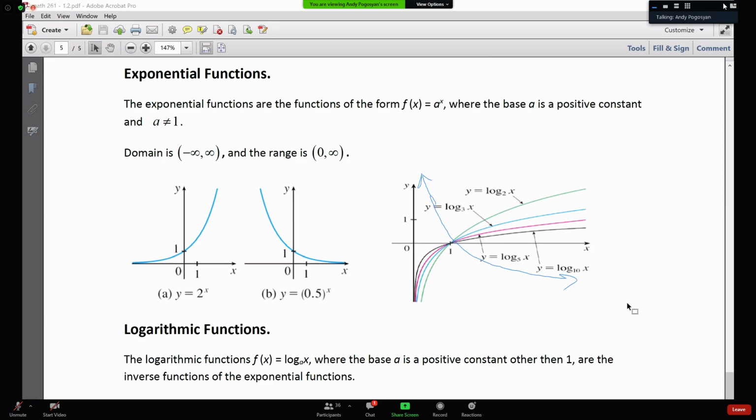So if you have f of x equals log base 2 of x minus 2, then this one is the original graph shifted 2 units to the right. So x minus 2 equals 0, x is 2. That is the vertical asymptote. That's already the shifted graph.